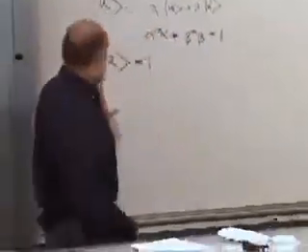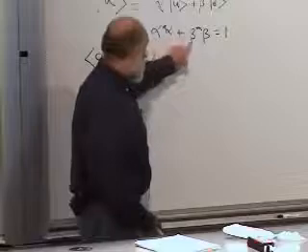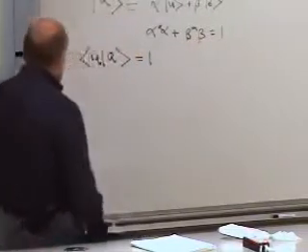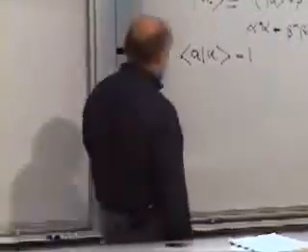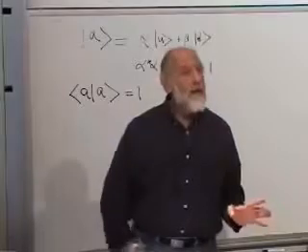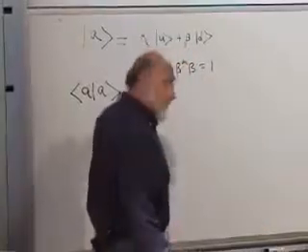Now, those probabilities, of course, do not completely determine the complex numbers here. Why not? Well, if I multiply any complex number by a pure phase, it doesn't change its magnitude.